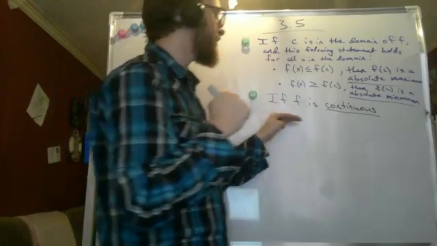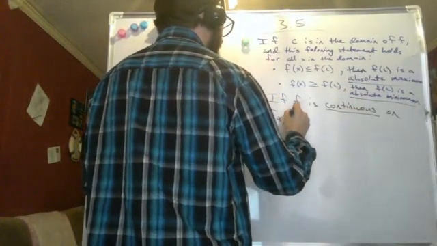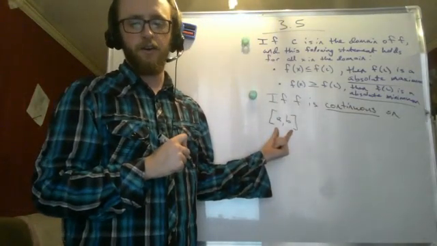So this is good. We have something that is continuous on an interval AB. More specifically, this is on a closed interval, so we're including A and B in the domain here.